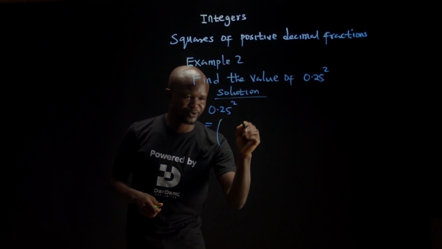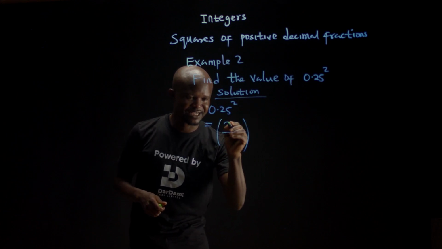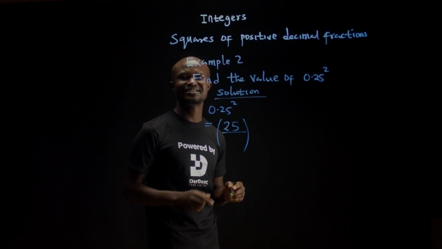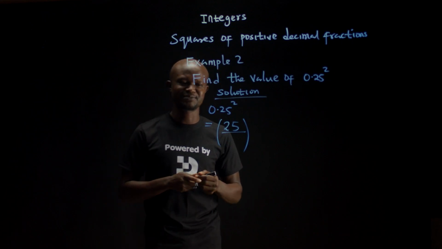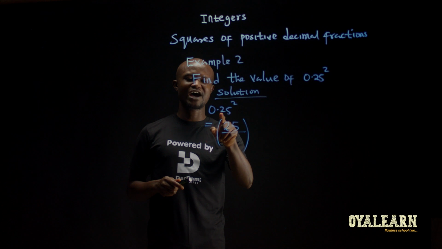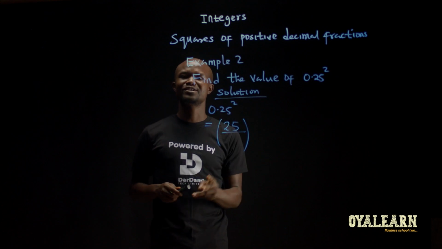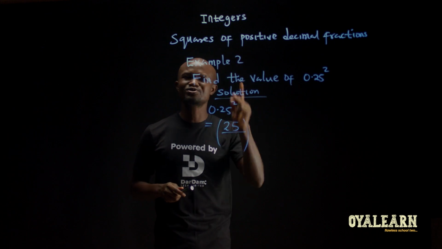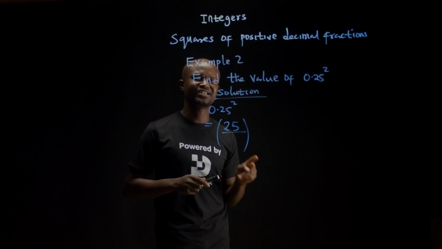We write it at the numerator. That's 25. Now, how many numbers do we have after the decimal point? We have 1, 2. The two numbers represent 2 zeros at the denominator.